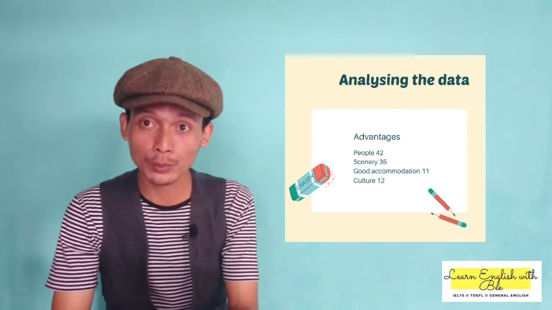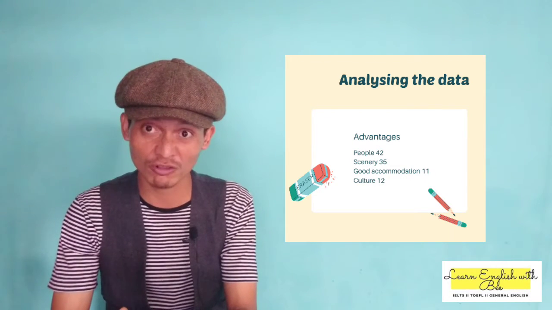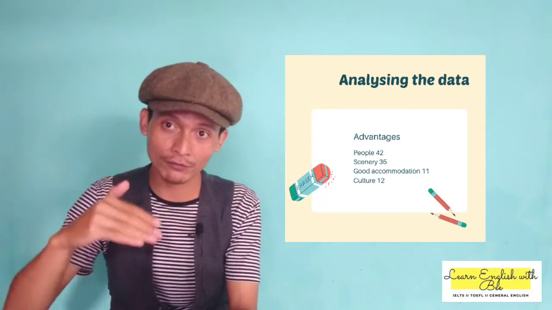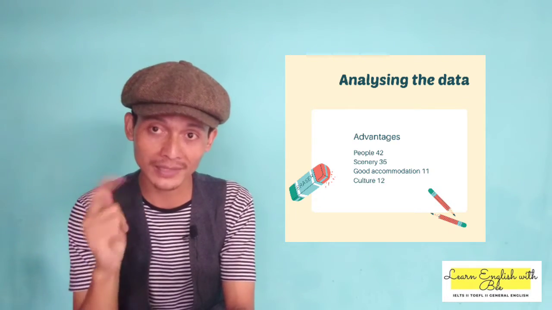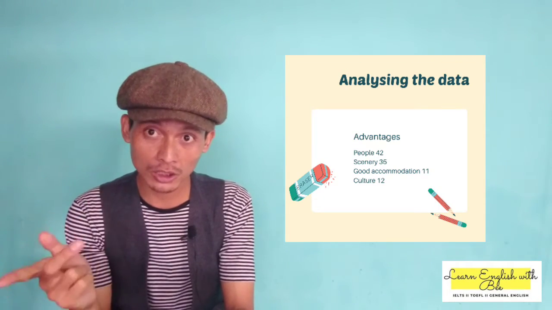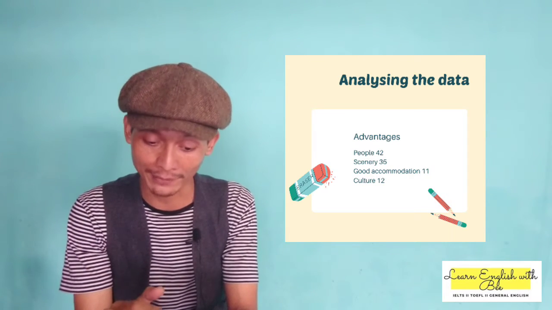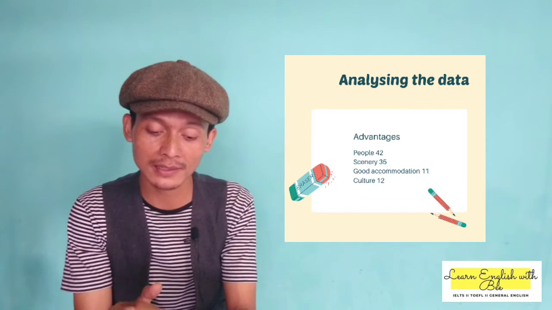As you can see, people accounts for 42, followed by scenery with 35, accommodation with 11, and culture with 12. So if you rank, it means people is in the first place, followed by scenery, and then culture, and the last one is good accommodation. And then here is the formulation of the second body.